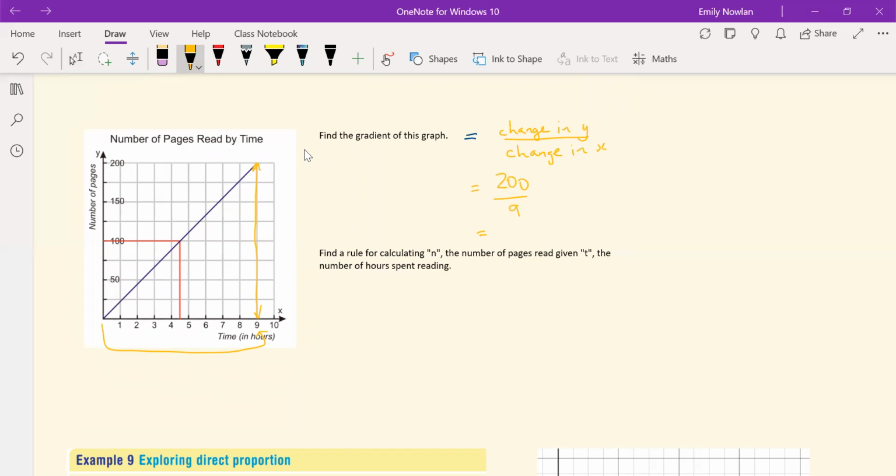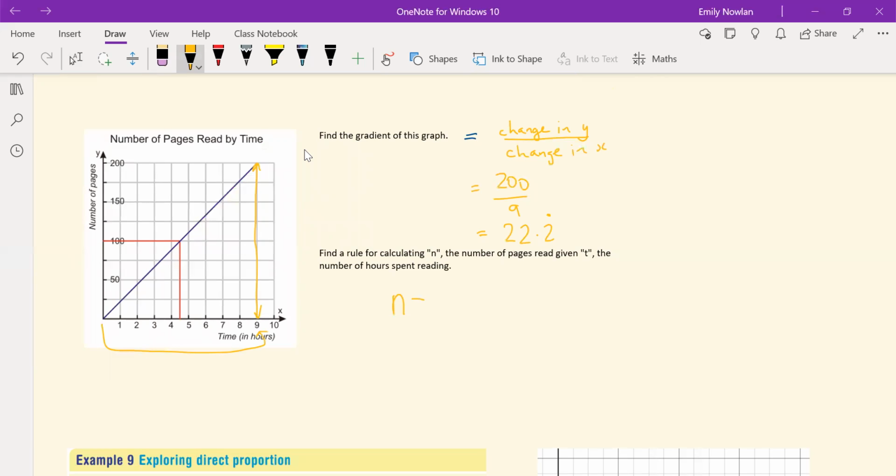So what's my average rate of reading? I go 200 divided by 9, which is not a nice whole number, but 22.2 recurring. So that's my rate of reading per hour. So let's find a rule for calculating N, the number of pages read, given T, the number of hours spent reading.